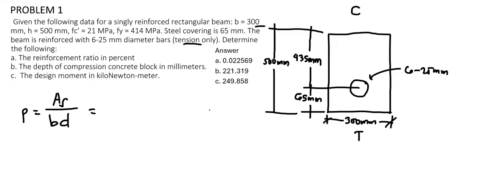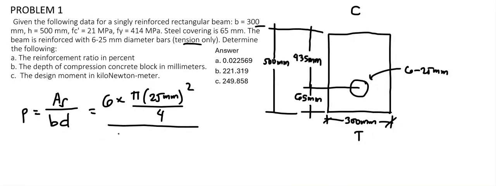The total area of the steel is 6 times pi times 25 millimeters squared divided by 4, all over a base of 300 millimeters times an effective depth of 435 millimeters.